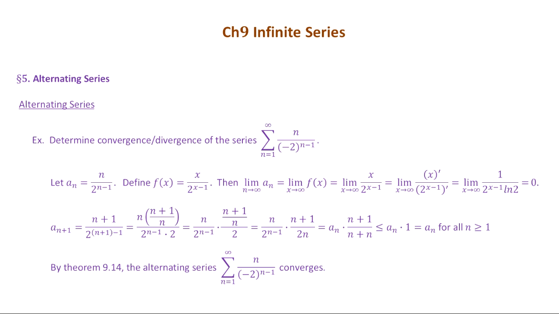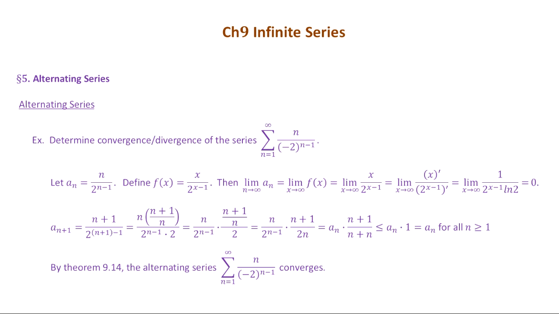So we get n plus 1 over 2 to the n plus 1 minus 1, which we can write as 2 to the n. Okay, and then we can split it up as 2 to the n minus 1 times 2 to the 1, or just 2, right? If you add n minus 1 with 1, you get n.